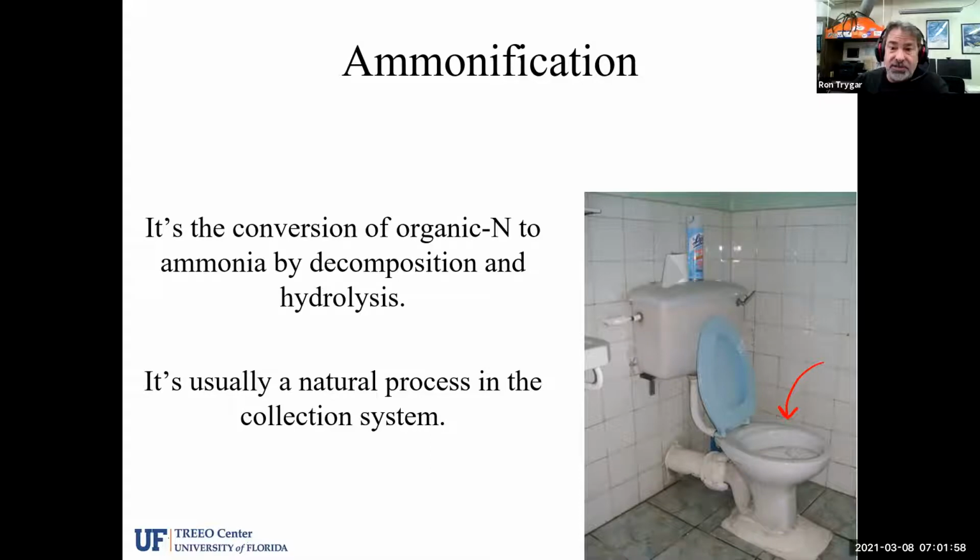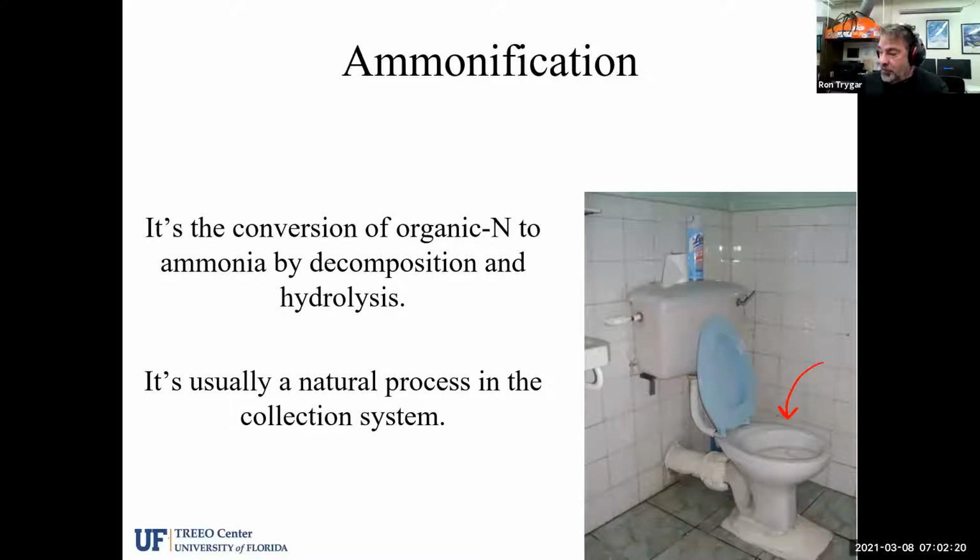We're having this occur. It just depends again on how far the distance is and the time. You can see where it says it's the conversion of organic nitrogen into ammonia by decomposition and hydrolysis. The mixture of the water and all those elements in the water causes hydrolysis of the organic nitrogen into ammonia.